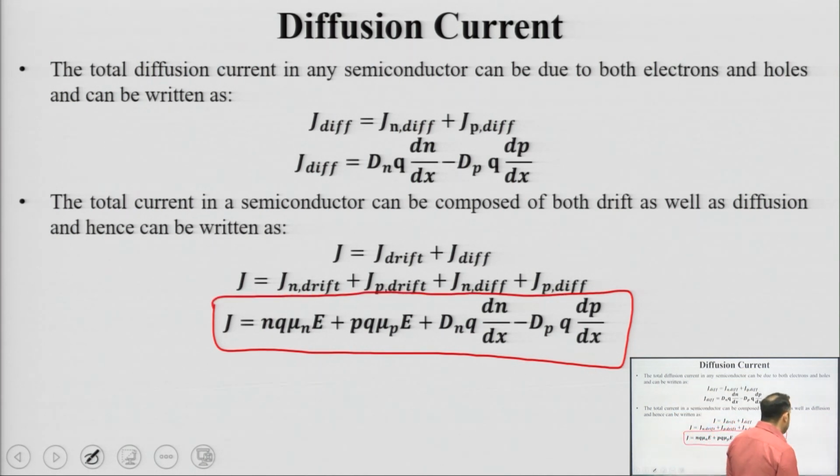It basically gives you all the individual components of current which are present inside a semiconductor. So, you have an electron drift current, hole drift current, electron diffusion current and hole diffusion current. Both drift and diffusion because of electrons as well as holes. This is the total current density inside a semiconductor.